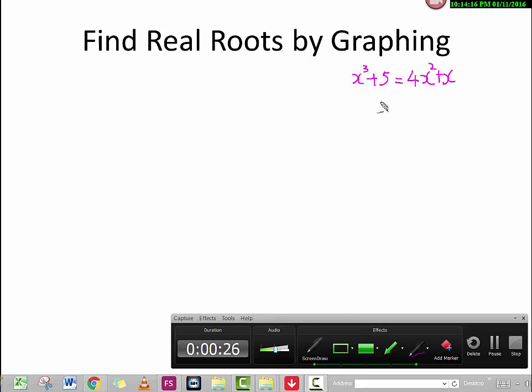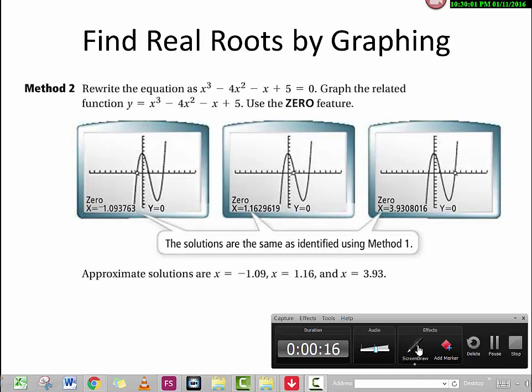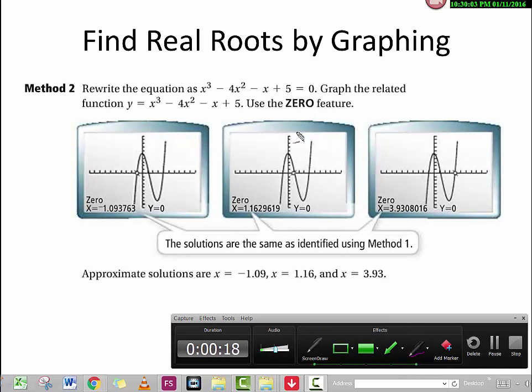So what we did is we entered these two functions in the calculator and tried to use the intersect function to find the real roots. In this method, you're going to use the zero function of your calculator instead of the intersect feature to find the real roots of the equations.